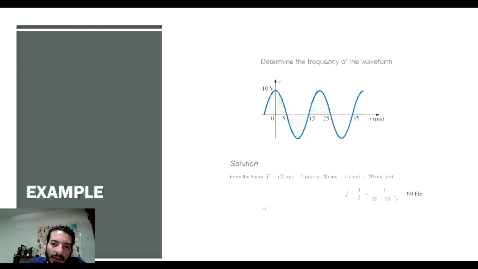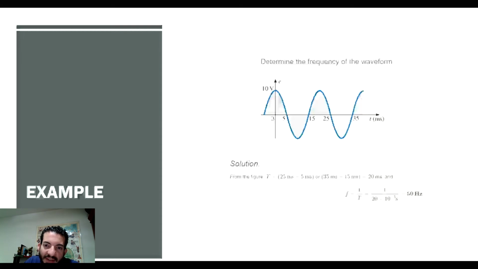First of all, to know the frequency, we need to know the cycles. So we're going to do 25 milliseconds. The units of time here are milliseconds. So the first thing that we can do is find out what this point right here is. So it's 25 minus 5, or 35 minus 15, which is 20 milliseconds, right?